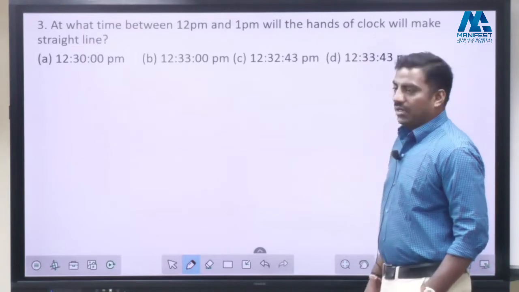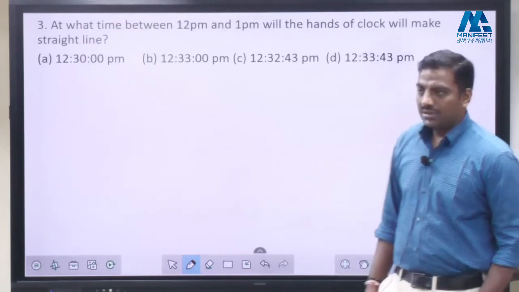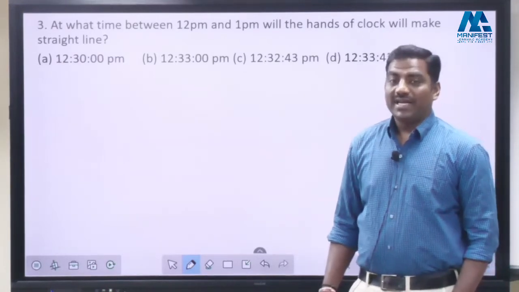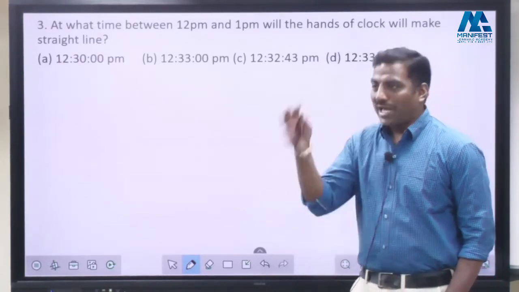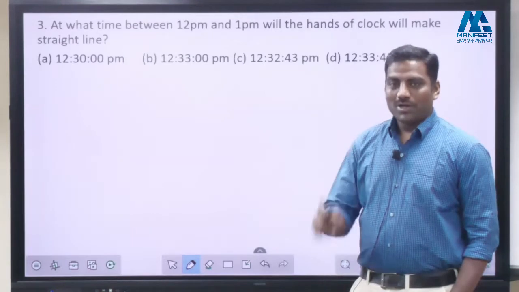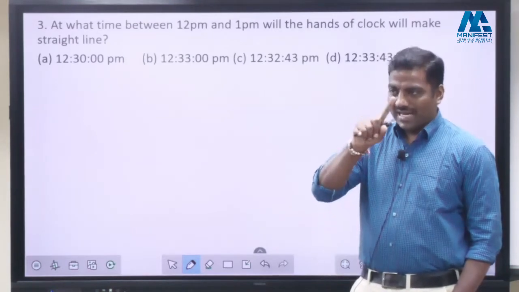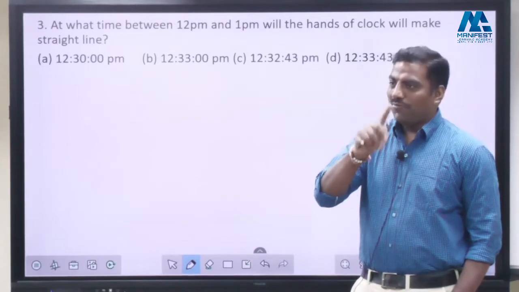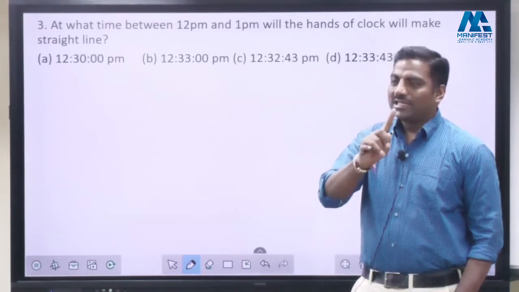What time between 12 p.m. and 1 p.m. do they make a straight angle? They are asking about 180 degrees. For this also the same calculation I told you, because when the minute hand has come to that position, maybe for making 0 degrees or maybe for making 180 degrees, its position is fixed.